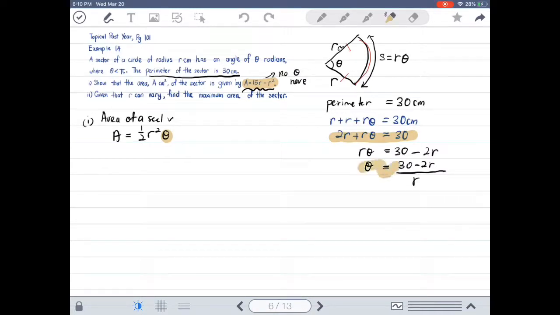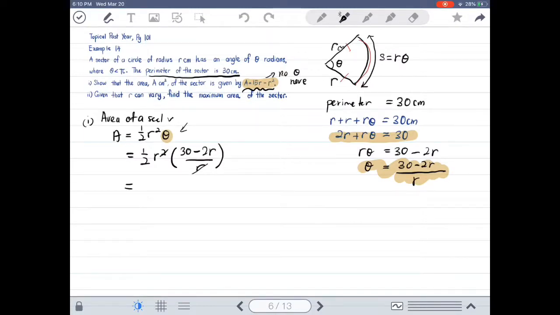Use this value, insert into this equation. So we should get 1 over 2 r squared times theta, which is 30 minus 2r over r, and simplify.